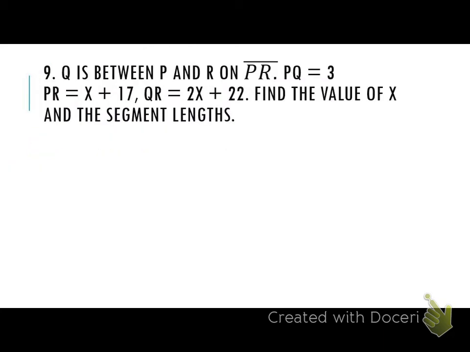Okay, next one. Q is between P and R on segment PR. So let's go and draw a segment. Our two endpoints are P and R. All right, and then it says Q is between. Does that mean it's in the middle? Is it the midpoint? No, it's just somewhere in between. Not necessarily the middle.